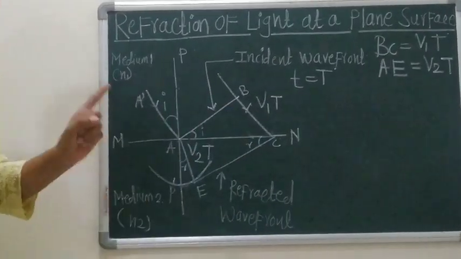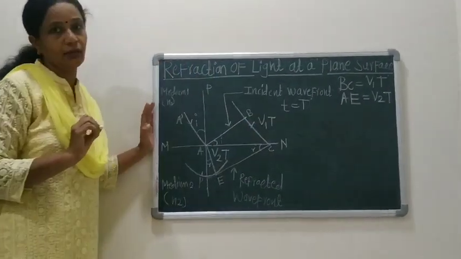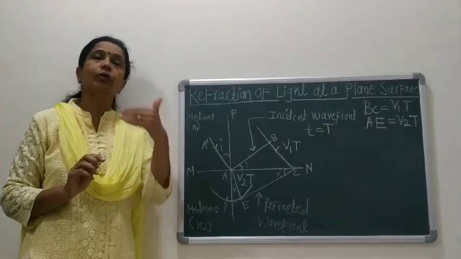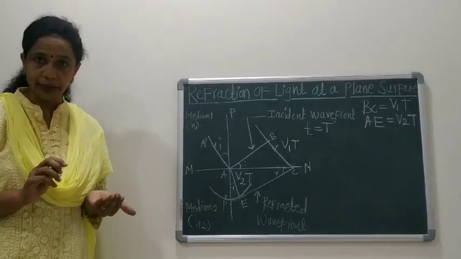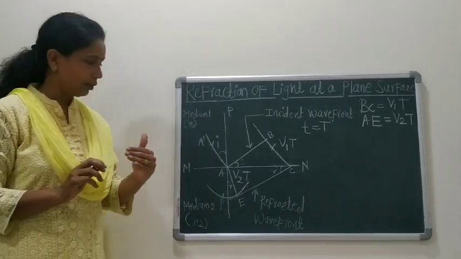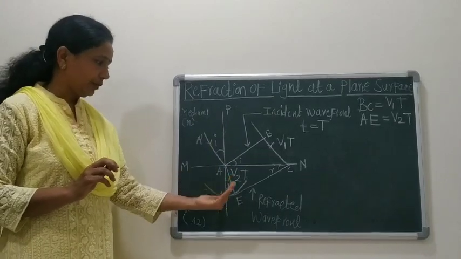EC represents the refracted wavefront, AB represents the incident wavefront. You know that when light waves travel from one medium to another medium, the velocity of light goes on decreasing, and these light rays are refracted.